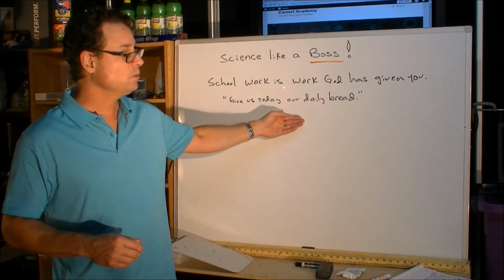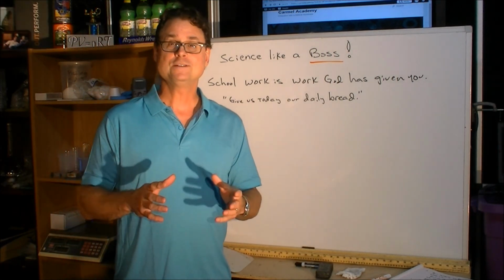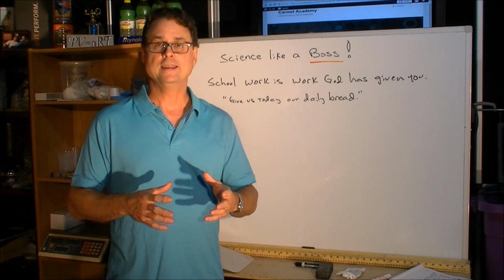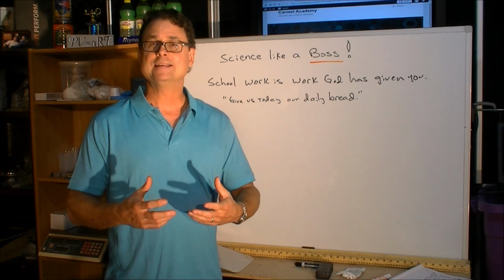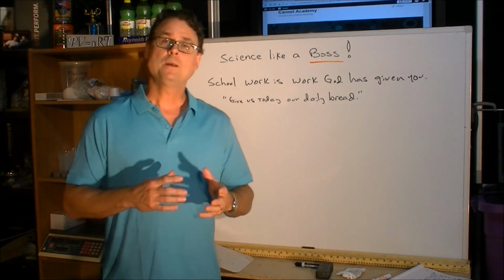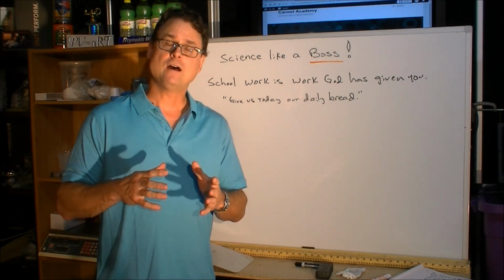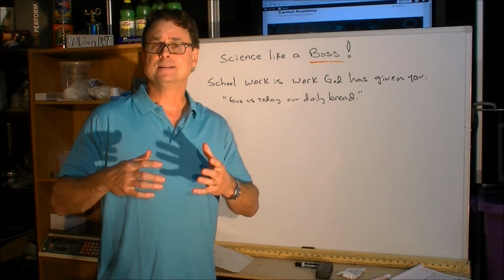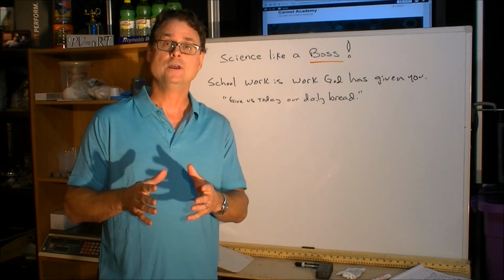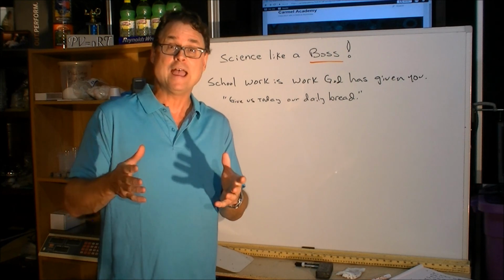I also want to encourage you with the Lord's Prayer, because where Jesus says in the Lord's Prayer, give us today our daily bread, part of that is success in your daily work. Remember in Genesis, when man fell, part of God's redemptive discipline to man was that by the sweat of his brow, he would earn his bread.